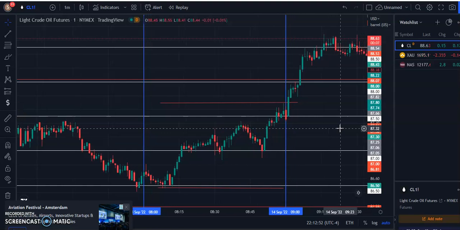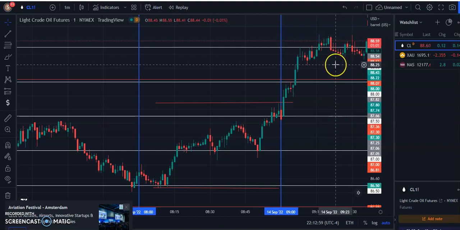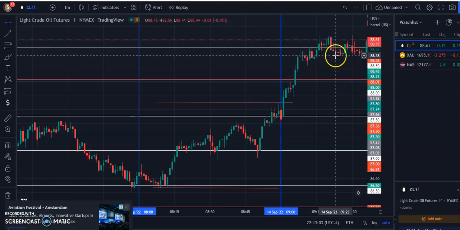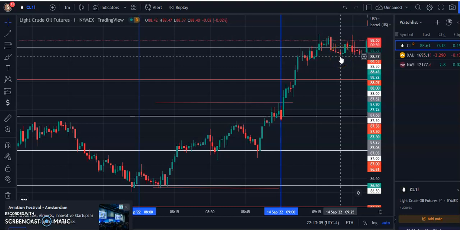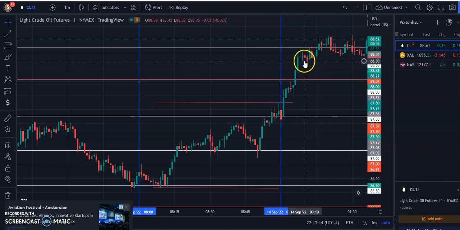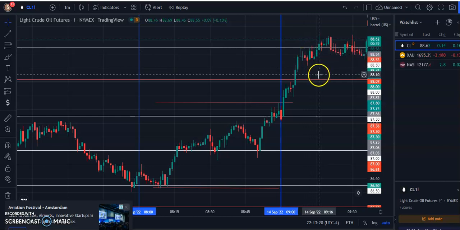But I was not really convinced, because look at the way these pins, they are not really giving me any indication that we are going down. I want a nice setup. We come like the way this market has an M formation, break structure, then pull back, and then continue.